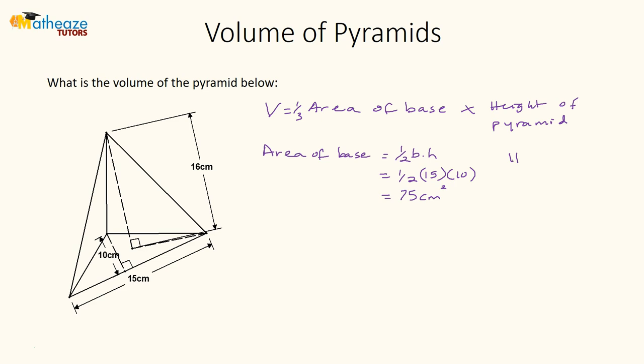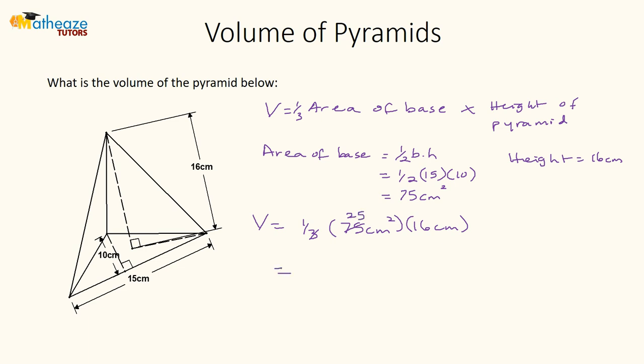And then the height is 16 centimeters. So the volume is going to be 1/3 of 75 square centimeters multiplied by 16 centimeters. We divide 3 and 75, we get 25.